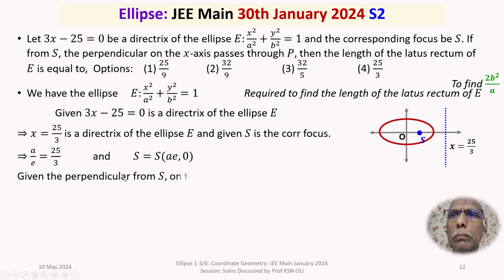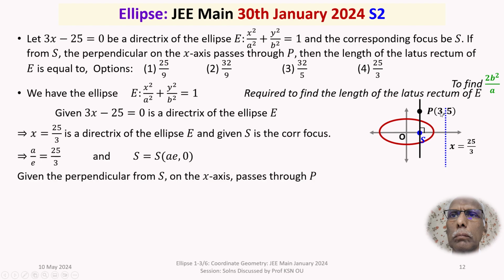Given the perpendicular from S, so at S, a perpendicular is drawn to the x-axis and given that it passes through P. So, first of all, think of a perpendicular and that passes through the point P. Now, one may ask a question, sir, how do you know that P (3, 5) lies outside the ellipse? You can check.